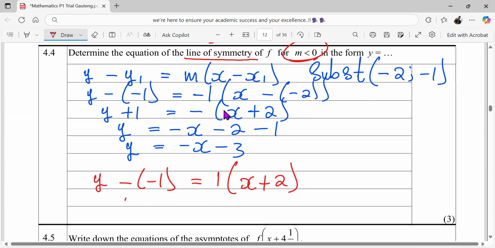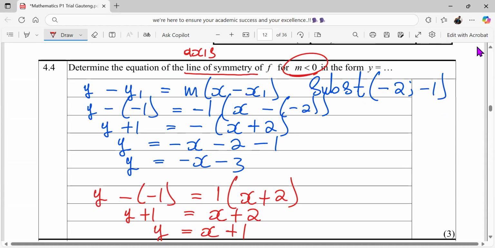So for this one, you'll be having y + 1 = x + 2, and therefore, you'll just have y = x + 1 as your equation. Two important things: the values of the gradients and also the point of intersection of the asymptotes.